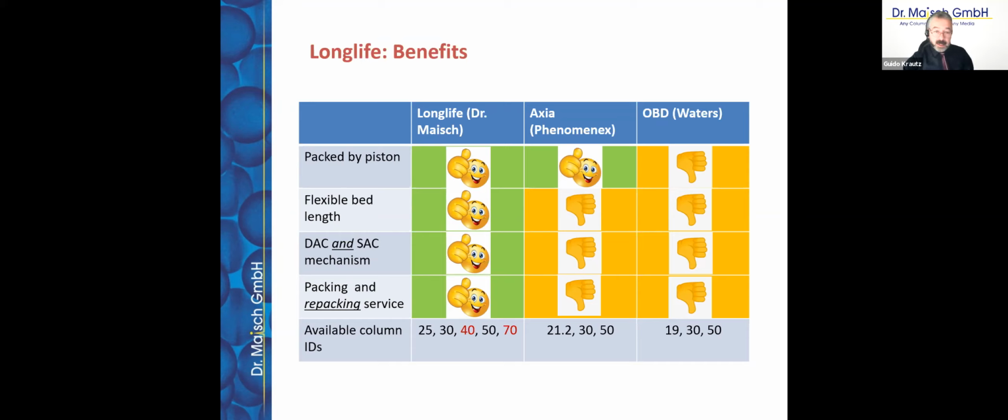As I said, it's the only pre-packed column on the market with a dynamic axial compression mechanism. But we can also supply it as a static axial compression column. And we offer packing and repacking service. Once the column has reached the end of its lifetime, it's not wasted. It can be sent back for repacking. And possible column dimensions include inner diameters of 25, 30, 40, 50, and 70 millimeter ID.